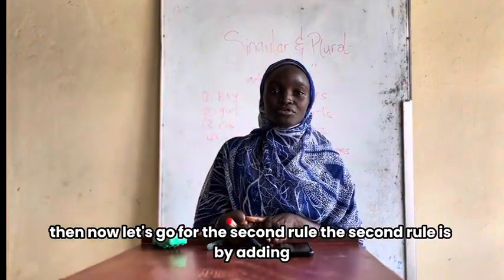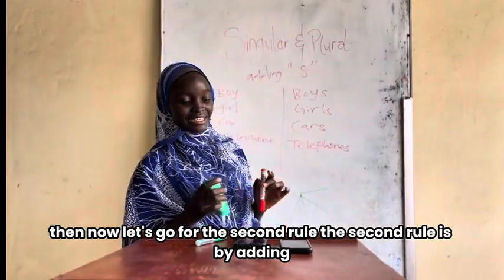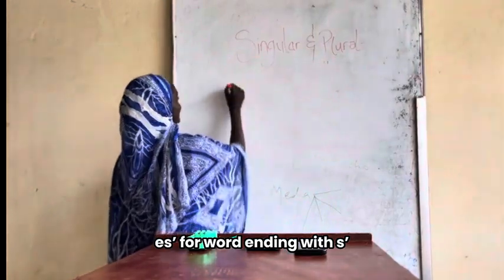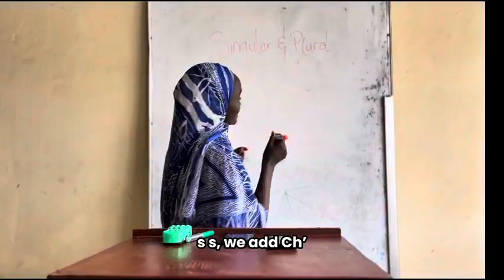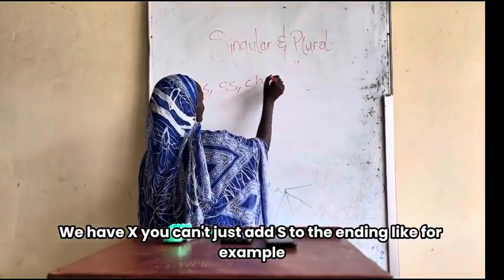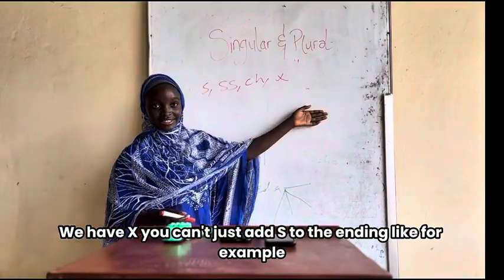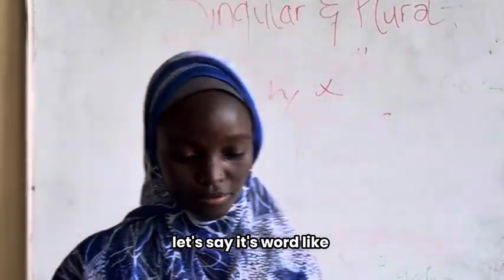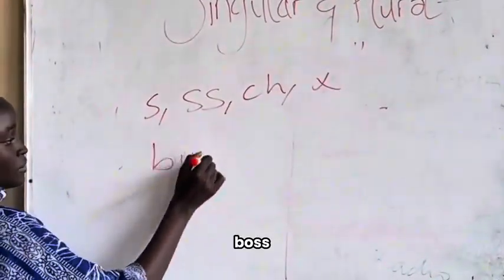Then now let's go for the second rule. The second rule is by adding es for words ending with x, ss, ch. You can't just add s to the ending. Like for example, let's say the word bus.